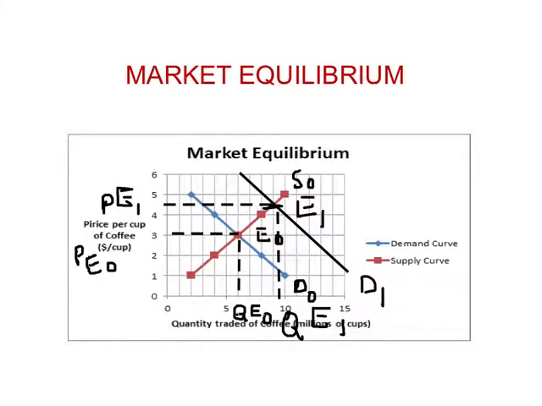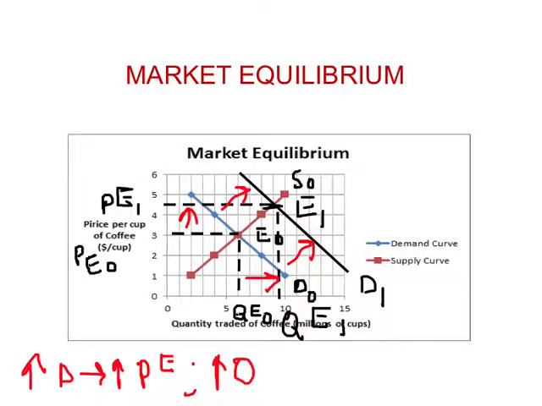Now what you observe is the following. As the demand curve shifts to the right, what happens to equilibrium price? It increases. What happens to equilibrium quantity traded? It increases. So let's just write this down. When there is an increase in demand, there is an increase in equilibrium price and an increase in equilibrium quantity traded.